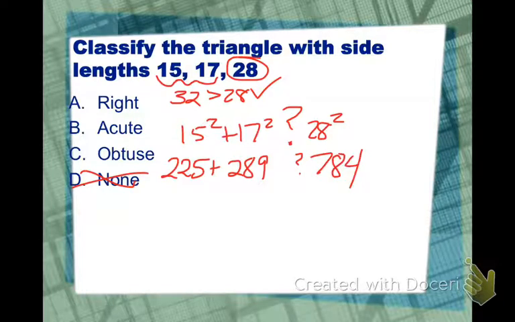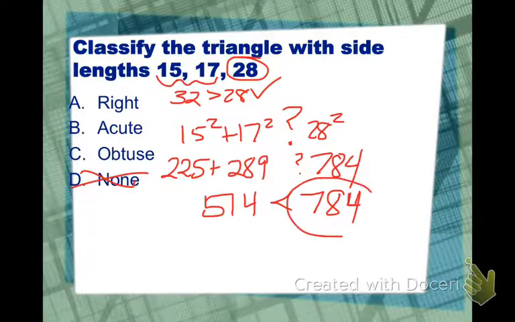So adding these together gives us 514, which is less than the square of the longest side, 28. So when the c squared value is larger than the sum, we're talking about an obtuse triangle.